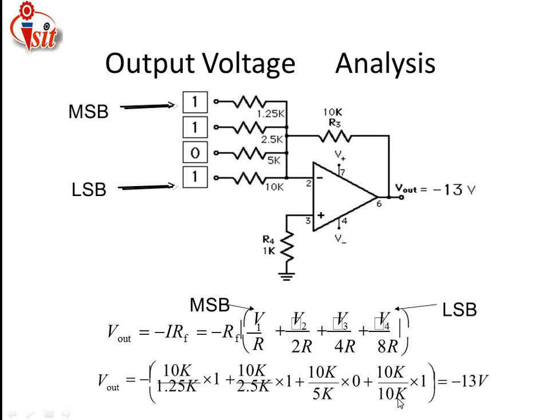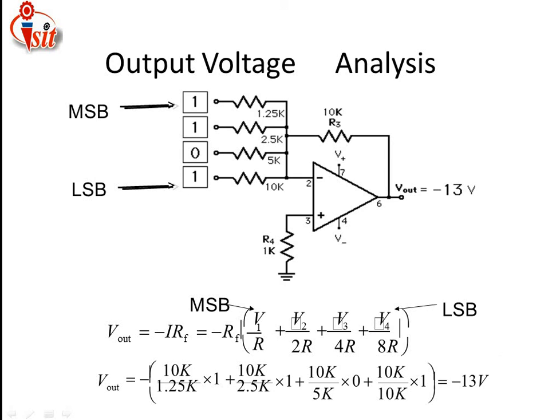And what is the input sequence? The input sequence related to that input voltage is also important. It is 1 1 0 1. Then there is the multiplication of V1, V2, V3 and V4. What is the value of V1, V2, V3, V4? V1 is equal to 1, V2 is equal to 1, V3 is equal to 0 and V4 is equal to 1.